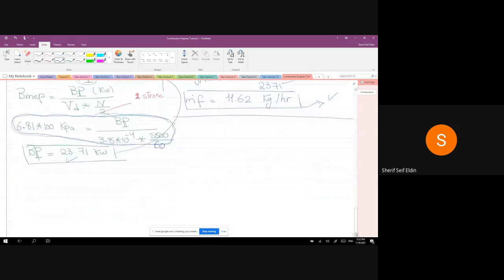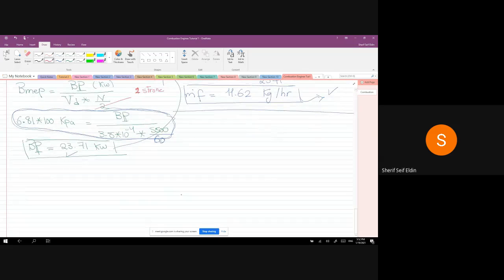Sounds good. What about M dot air? How are we going to get M dot air? So M dot air from the volumetric efficiency: M dot air over rho air V displacement N over 2. Also here I have to cancel out 2 because it's a two-stroke engine.